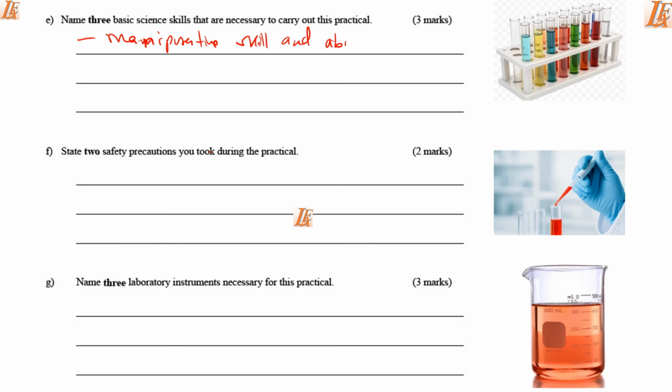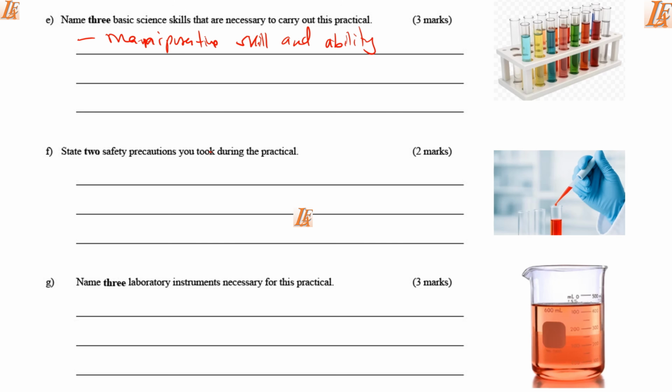This is where you can be able to handle apparatus. You should be able to handle a delivery tube, a dropper, a beaker and many other things, indicators. So that's what we call manipulative skills.